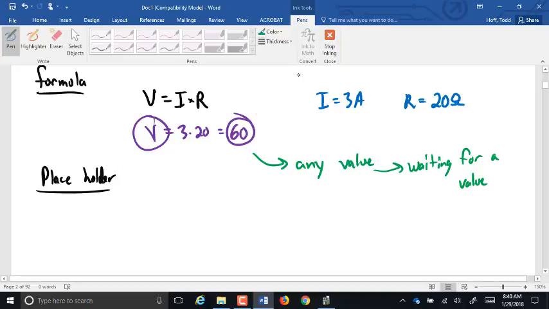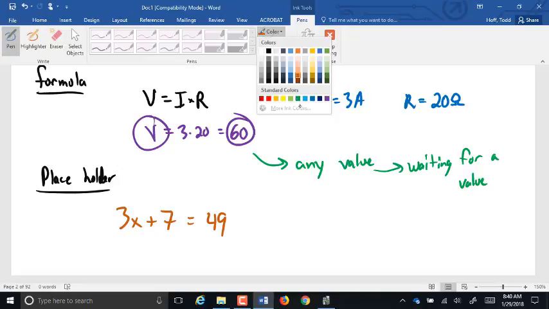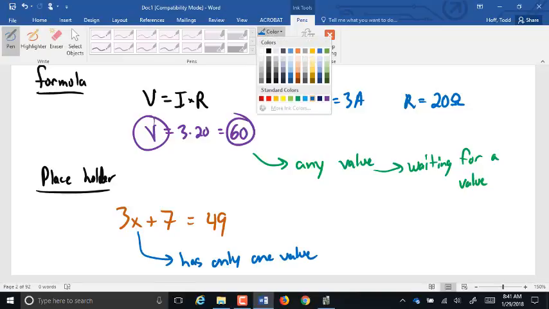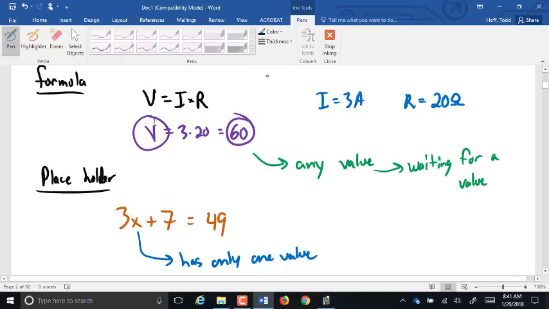This placeholder might appear something like this: 3x plus 7 equals 49. Here it has only one value. And we should be able to figure out what it is. So those are different ways that our variable is used.